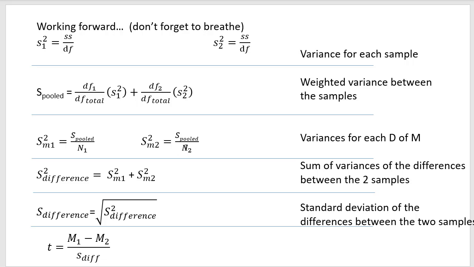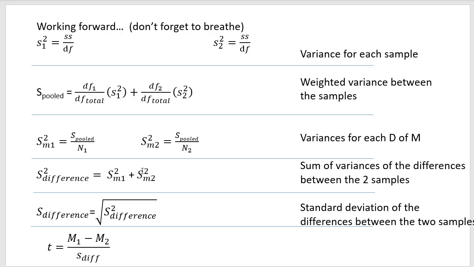This is just like in the single sample t-test when we would take the variance of the group and divide it by the number in the sample, and that would give us our variance for the distribution of means. Now, once we've calculated each group's variance of the distribution of means, all we need to do is add those together. And that's the sum of the variance of the differences between the 2 samples.